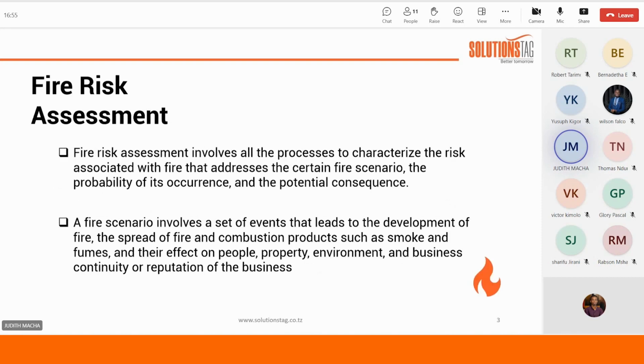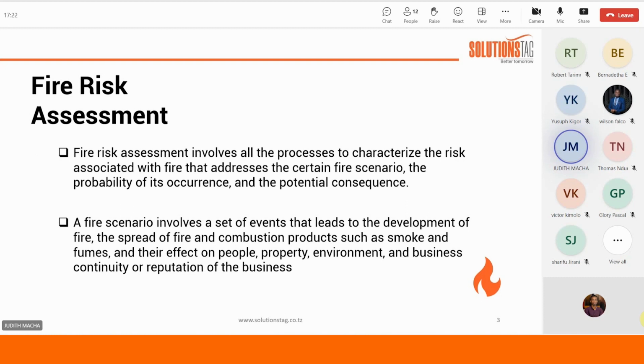So fire risk assessment is basically a process to look at what can lead to fire in your environment. You go down to analyze all the processes to characterize the risk that can be associated with a certain process or operation, and then you see the number of fire scenarios that can be involved in that process.